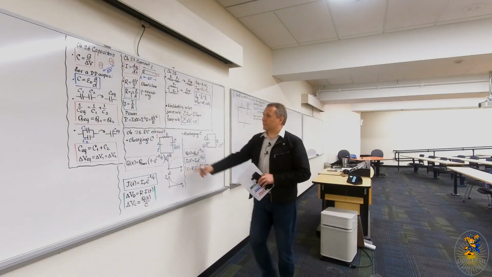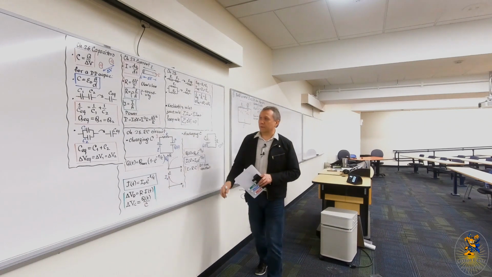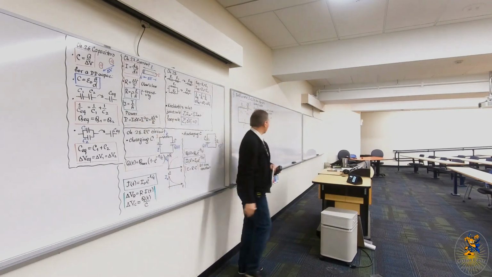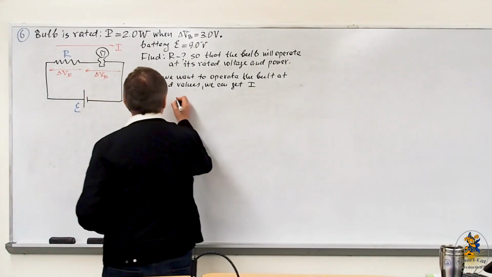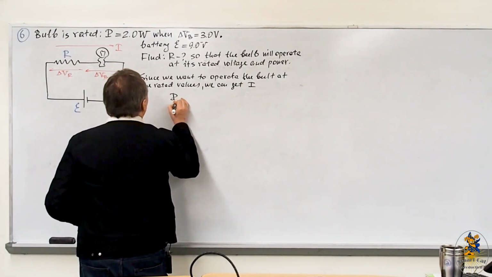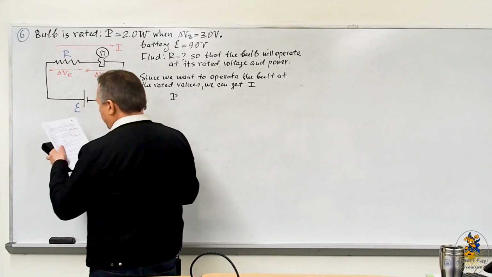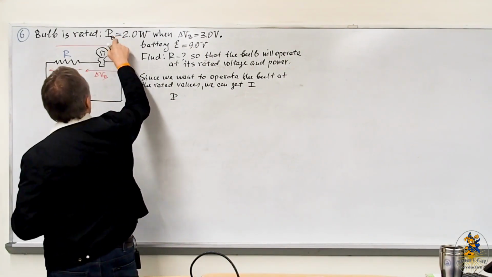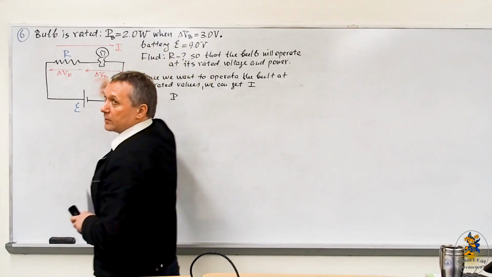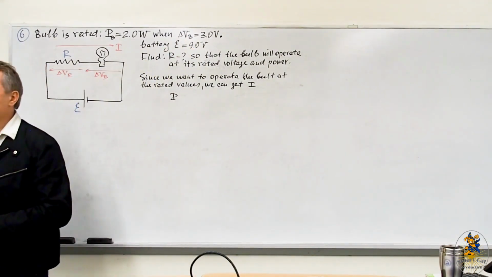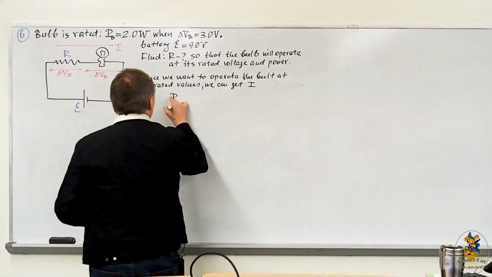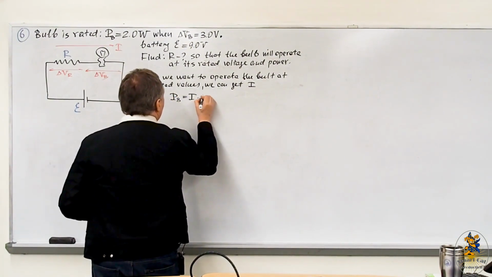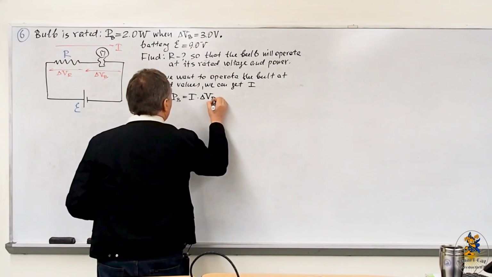We're going to use the first formula, P equals I delta V. Again, it depends on what is given. This can be more convenient, or that can be more convenient. In this case, the first one is the most convenient. Let me add a subscript: P_B, delta V_B, where B stands for bulb. So P_B equals I delta V_B.